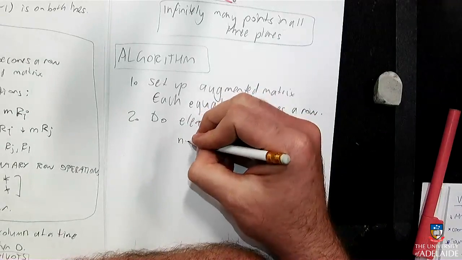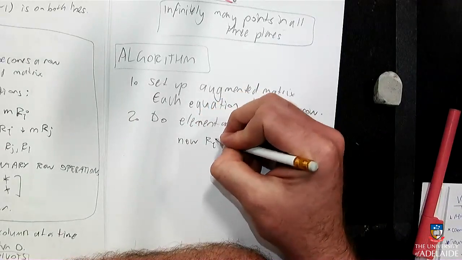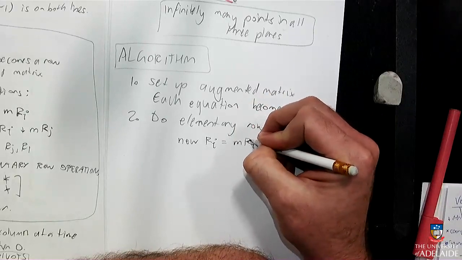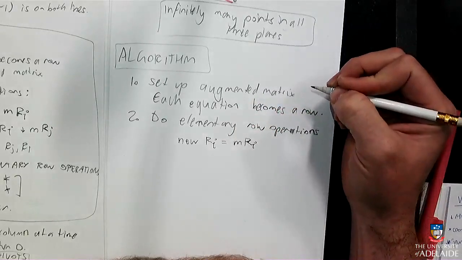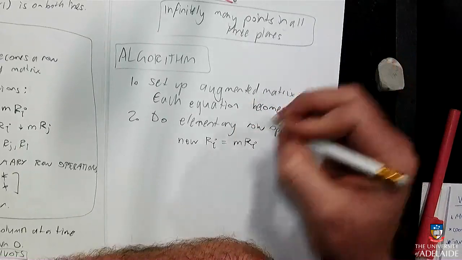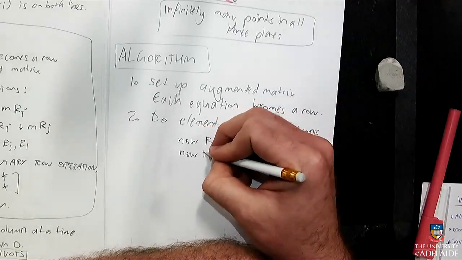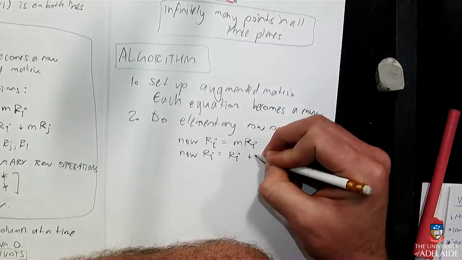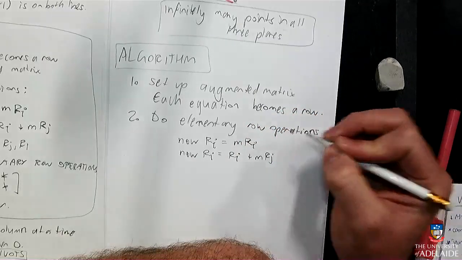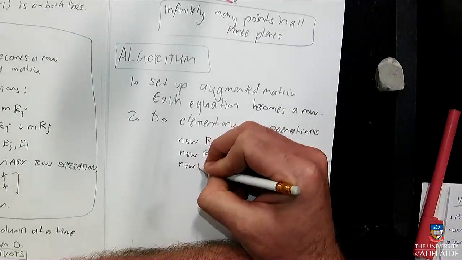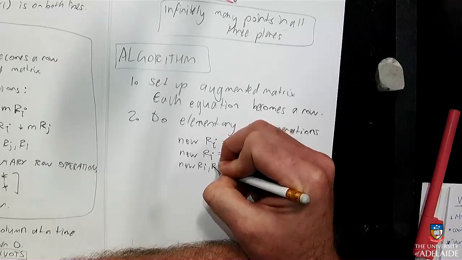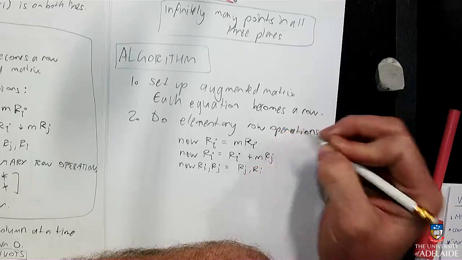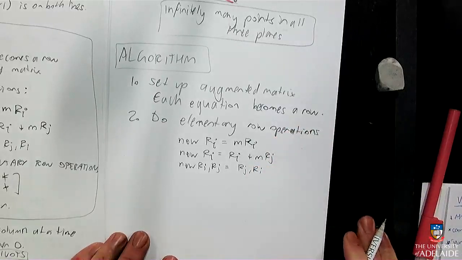But I'm actually going to write them all down again here because it's nice to have them in two places. Don't forget that you can always multiply a row by something because that doesn't change what things solve that equation. And you can do this trick, which was the fancy trick, where you go row i plus some multiple of row j, and then you can always swap two rows. Because that's just listing the equations in a different order.